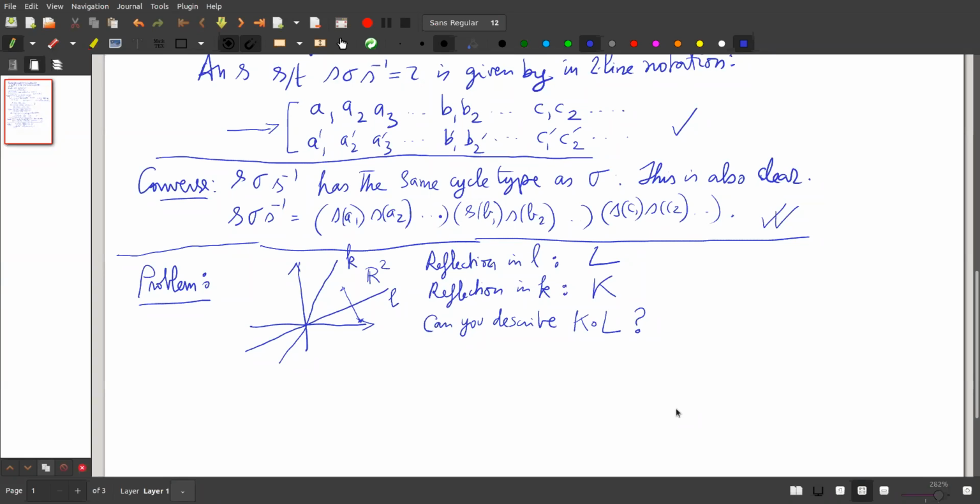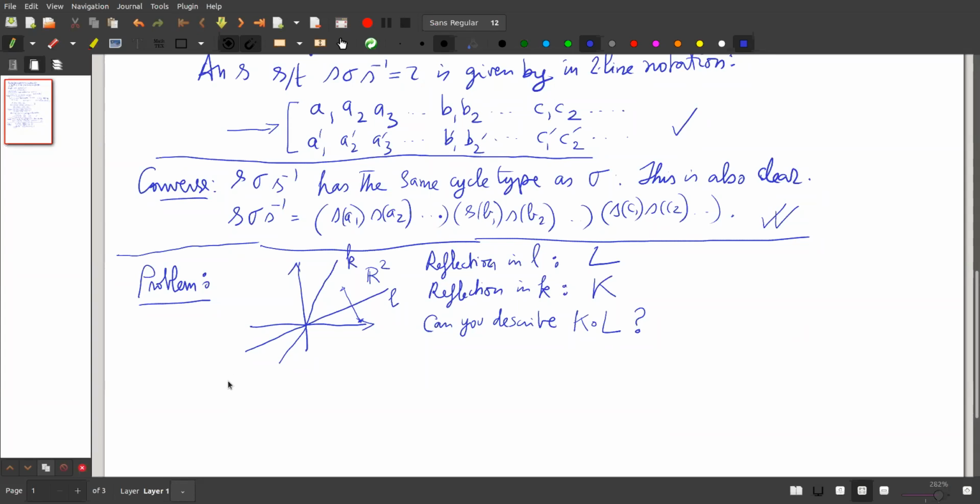Any thoughts? If K equal to L, suppose both are the same line, then we get identity. Very good. Okay, so at least one case.